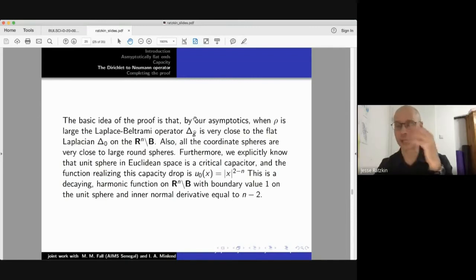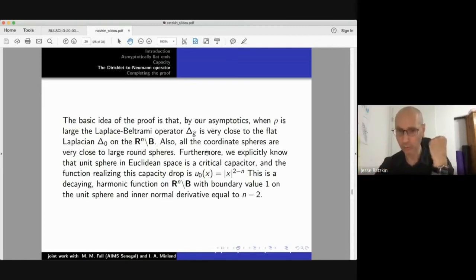Okay, so as I was alluding to, the basic idea of the proof is that my metric is very close to being flat, and my coordinate spheres are very close to being round spheres. So in the special case where I have Euclidean space and I have a round coordinate sphere, I actually know the answer.